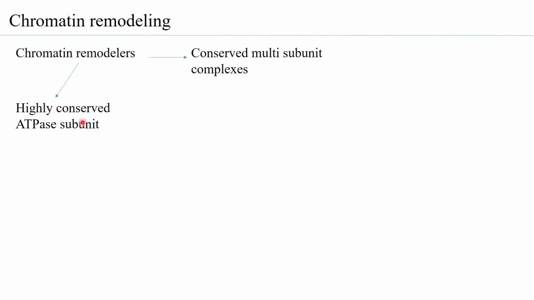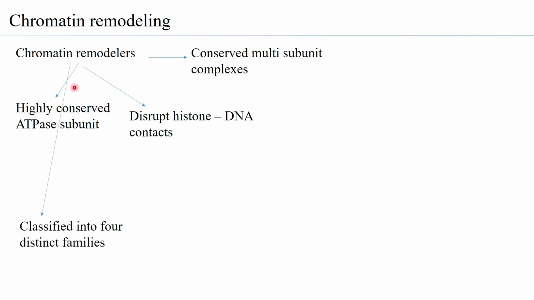Because ATPase converts ATP to ADP, the energy derived can be used to disrupt the histone-DNA contacts, thereby making DNA more accessible. Based on the ATPase subunit and apart from the highly conserved region, different structural components enable the chromatin remodelers to be classified into 4 distinct families. The change in chromatin architecture is their key role.